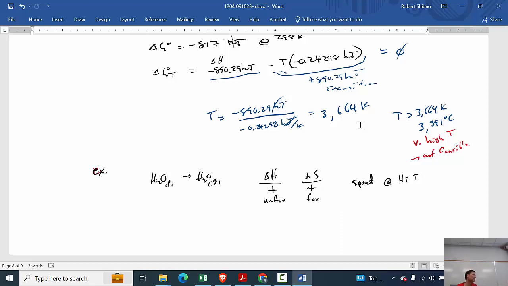We have to think in terms of how that impacts the entropy of the surroundings, and we aren't even factoring that in. The only thing that considers the surroundings is delta H, because of the PV work, but the entropy is not. We're just looking at the system, so the surroundings can be doing anything.